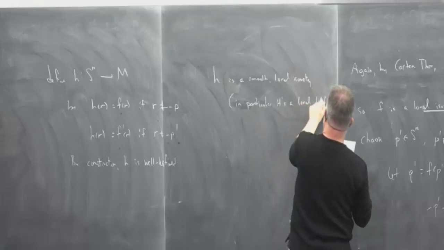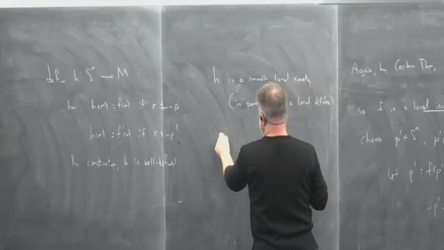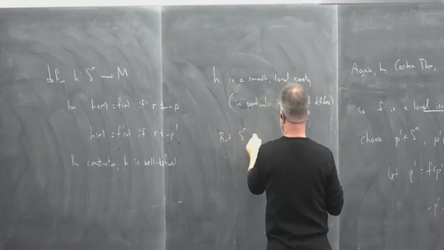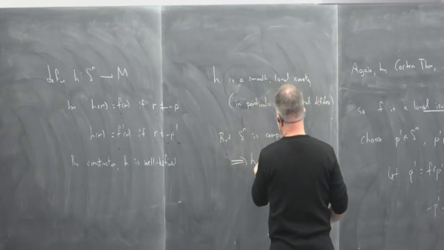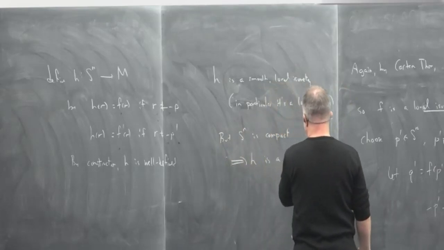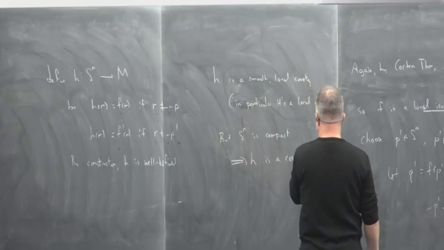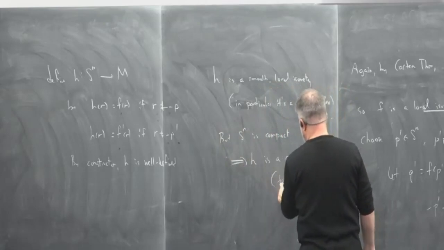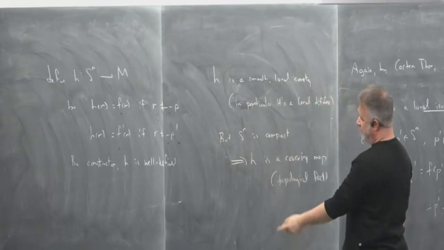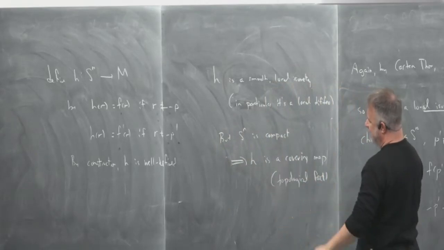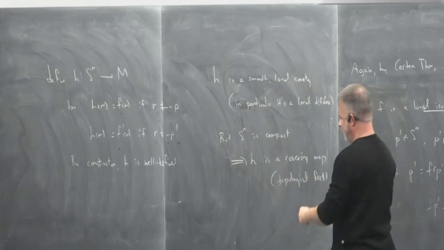Local diffeomorphism. But Sn is compact. And this implies that H is a covering map. This is a topological fact. So again, I'm not going to go into the topological details of this, but if you have a local diffeomorphism between manifolds and the domain is compact, then it's a covering map.